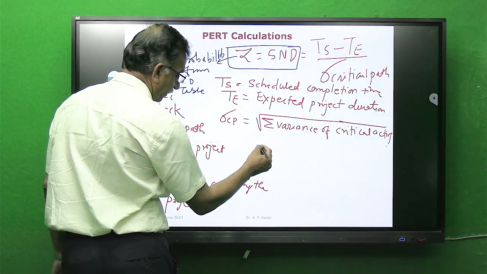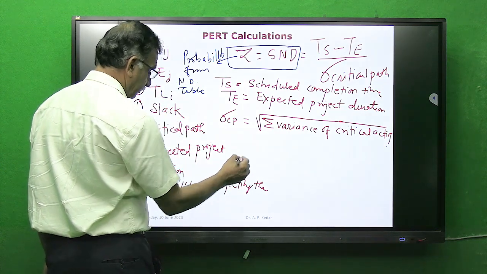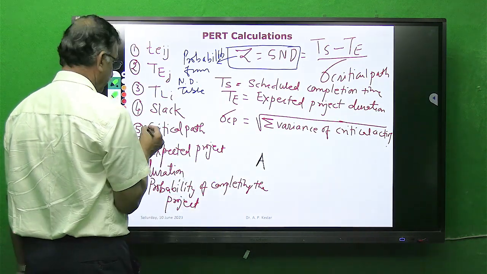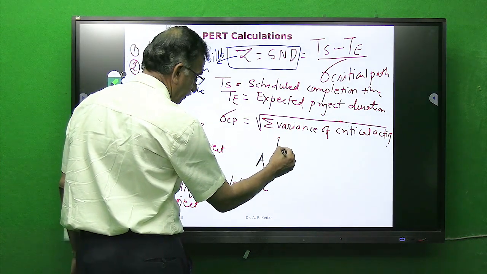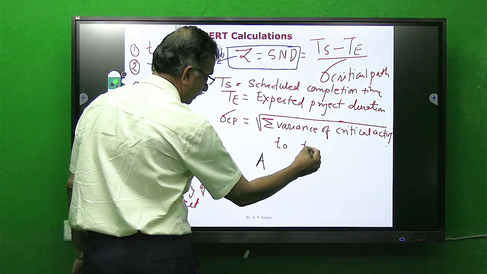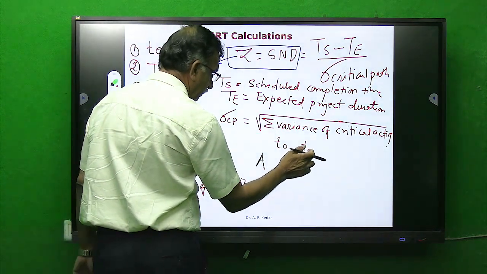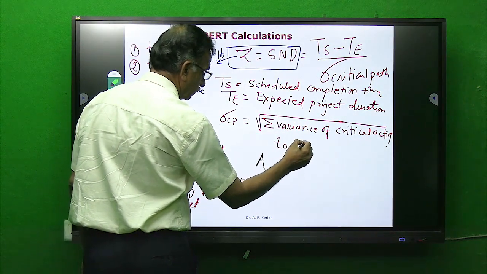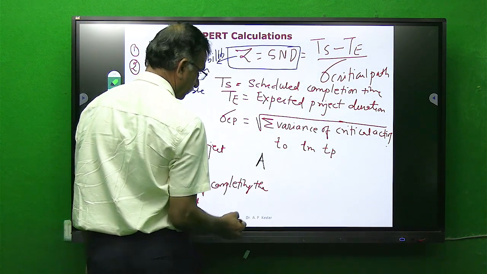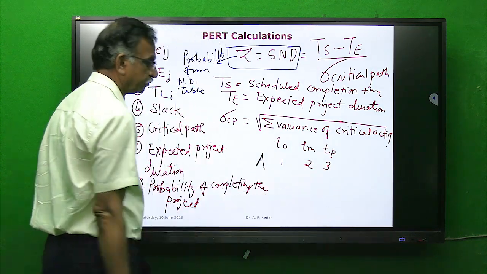Suppose we are having activity A. For activity A, suppose TO, TM and TP are given, and suppose it is 1, 2, 3 value.